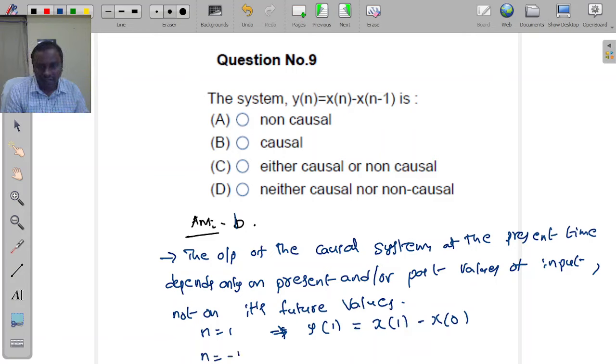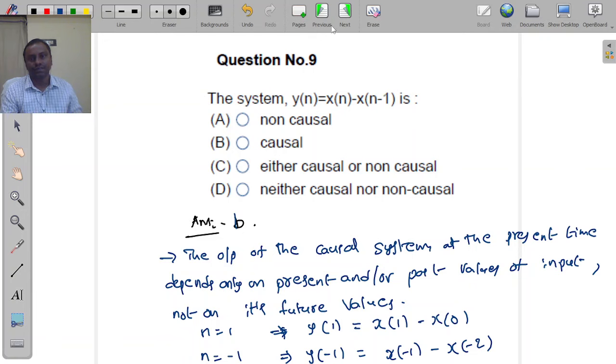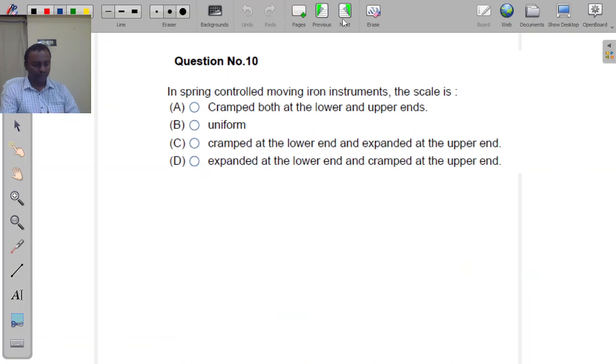Similarly, when you take n equal to minus 1, y of minus 1 is equal to x of minus 1 minus x of minus 2. Again, it is present and past, not future. So the system is causal. The answer for this question is option B. Moving into the next question.